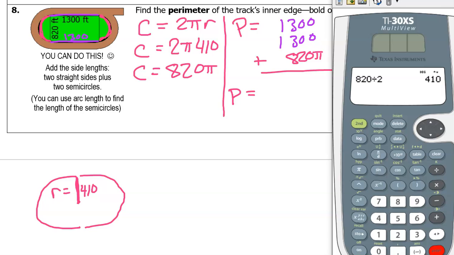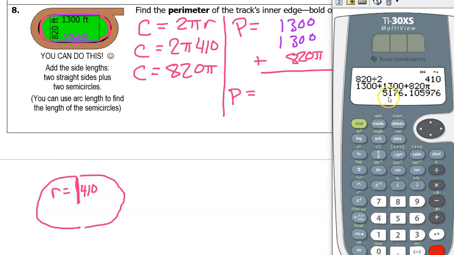So let's just calculate all that out. So I'm doing 1,300 plus another 1,300 plus 820 pi.